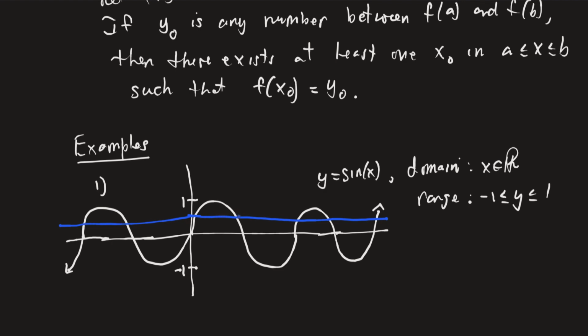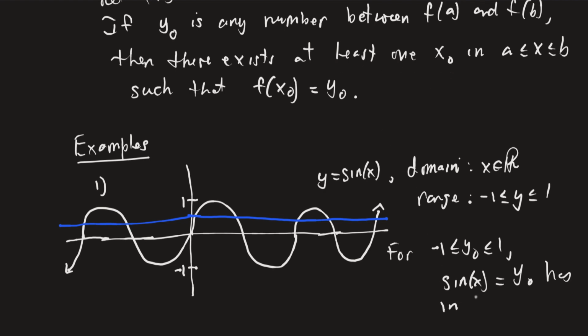And that's why, when you're solving trig equations, let me say it like this: for y0 in this range, the equation sine of x equals y0 has infinitely many solutions. And that's why the theorem says at least one.